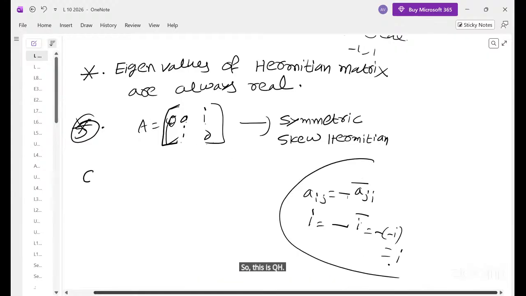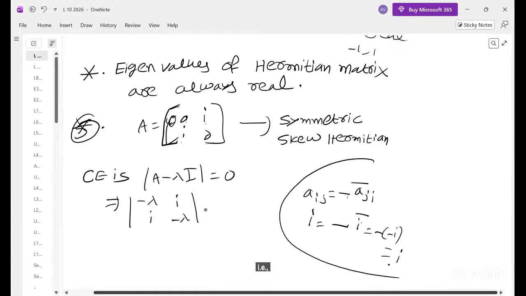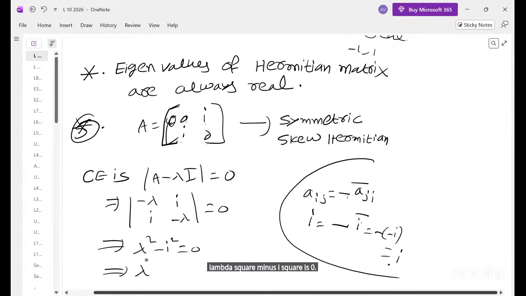So what is the characteristic equation? Determinant of A minus lambda I equal to 0. Lambda square minus i square is 0. What is i square? Minus 1. So lambda square plus 1 is 0.